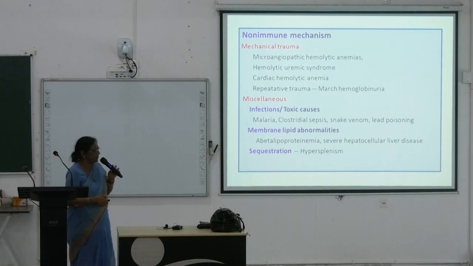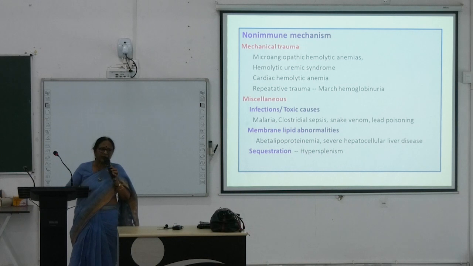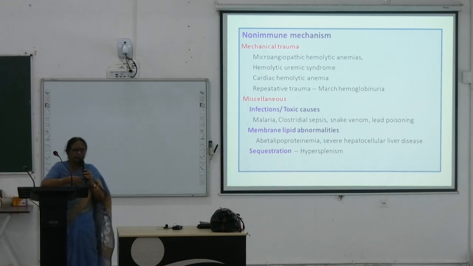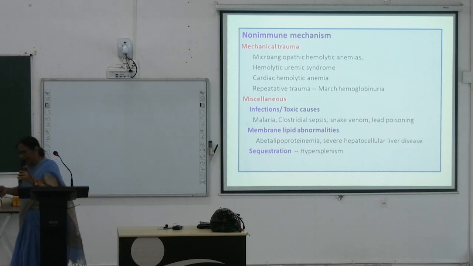Hemolytic uremic syndrome, this is also a type of microangiopathic hemolytic anemia. Here mainly there is infection either by E. coli or by Shigella or Shiga toxins are there, and there is clumping of the RBCs, there is formation of small thrombi, microthrombi in the circulation, and these microthrombi ultimately undergo hemolysis and we get the hemolytic anemia.